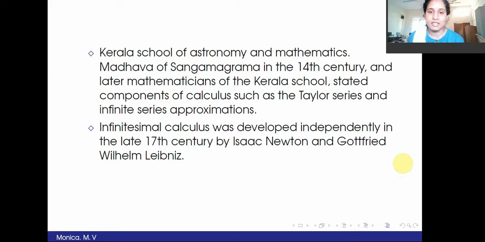Further in the 17th century, infinitesimal calculus was developed independently by two well-known mathematicians, that is Isaac Newton and Gottfried Wilhelm Leibniz. Both were credited with the development of calculus in their own way simultaneously, but we are not sure who did it first.